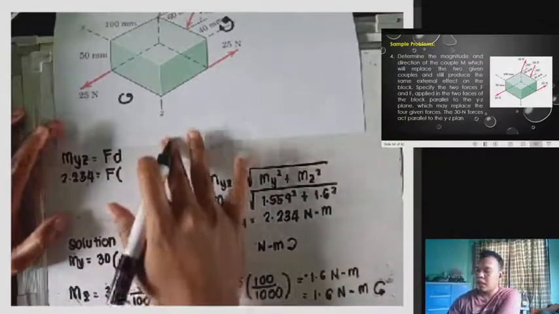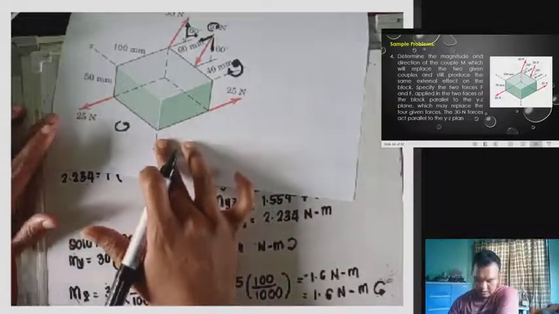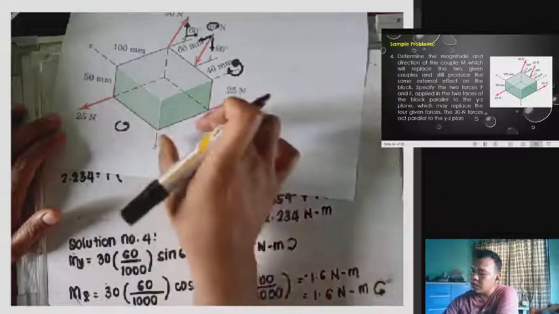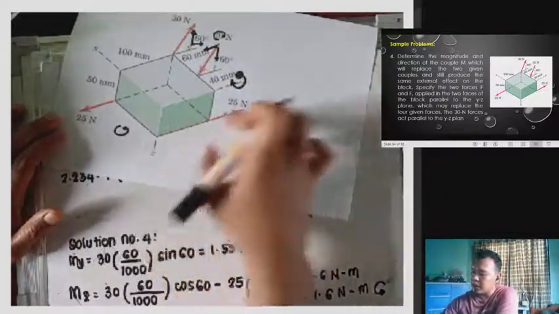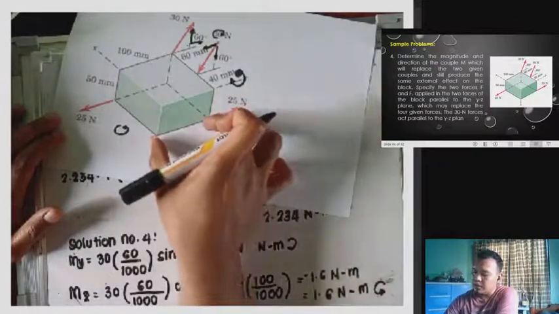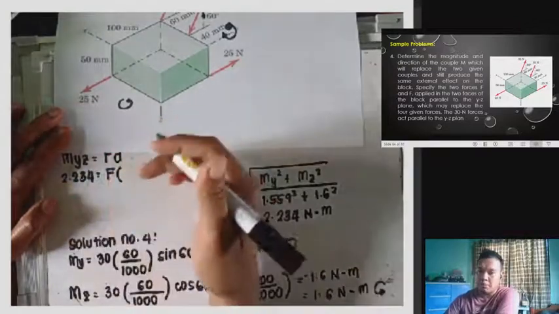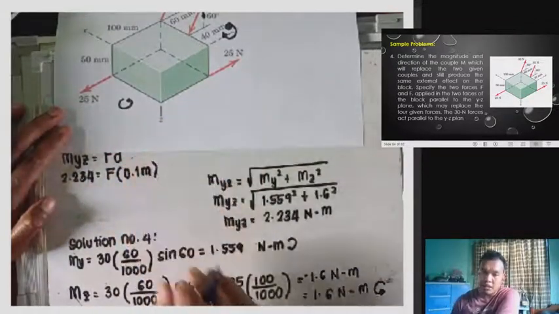Yung d is kung ito yung yz natin, ito yung z na axis tapos yung y natin na axis na to. So we have here this value which is 100 mm pa rin. So lalabas to ay 0.1 meter pa rin yung distance natin.